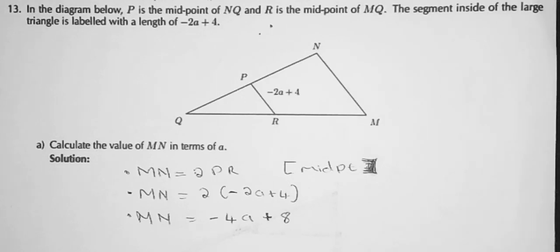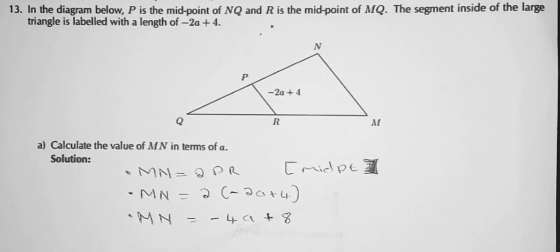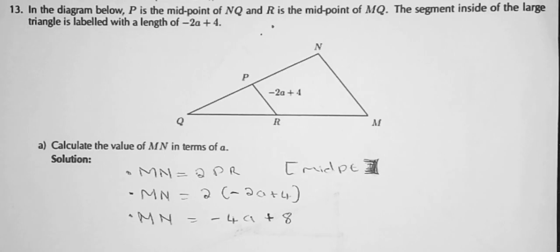In the diagram below, P is the midpoint of NQ and R is the midpoint of MQ. The segment inside the large triangle is labeled with the length of negative 2a plus 4.